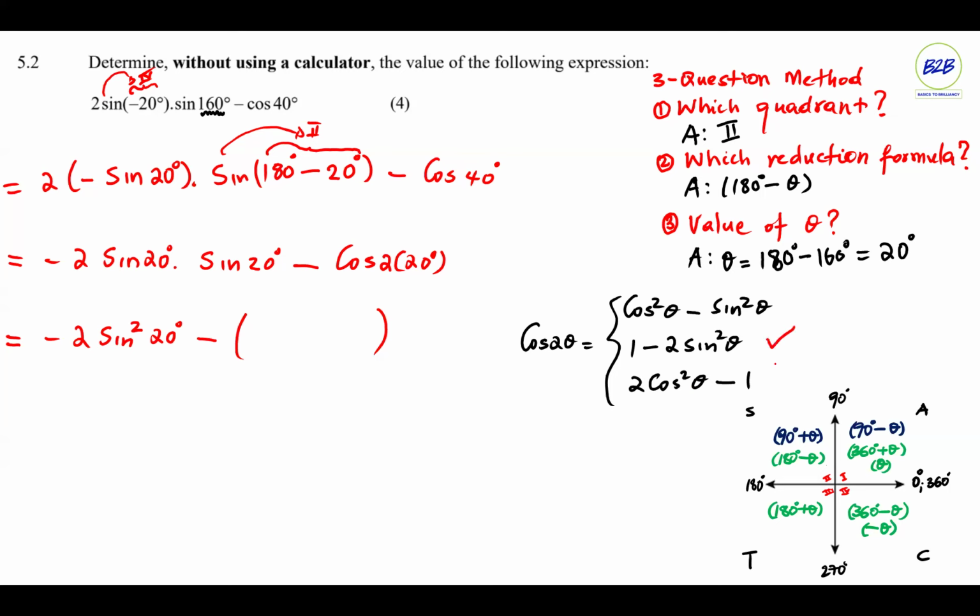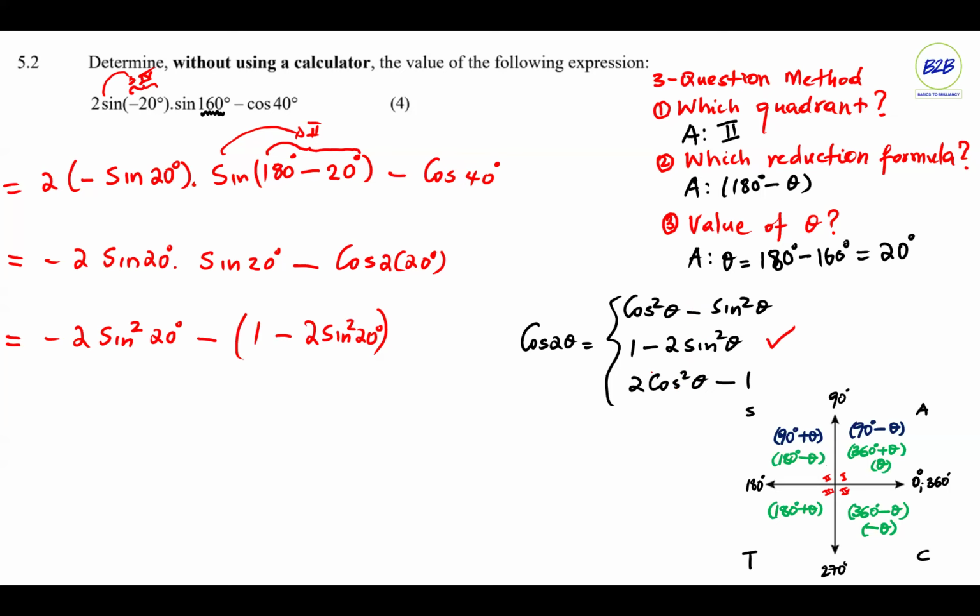There in the middle, the second one. So we're going to have now 1 minus 2 sine squared 20 degrees. Obviously, you can pick any of the 3. Eventually, provided your steps are correct, you will arrive at the correct answer as well. But it might be a bit longer than our approach.